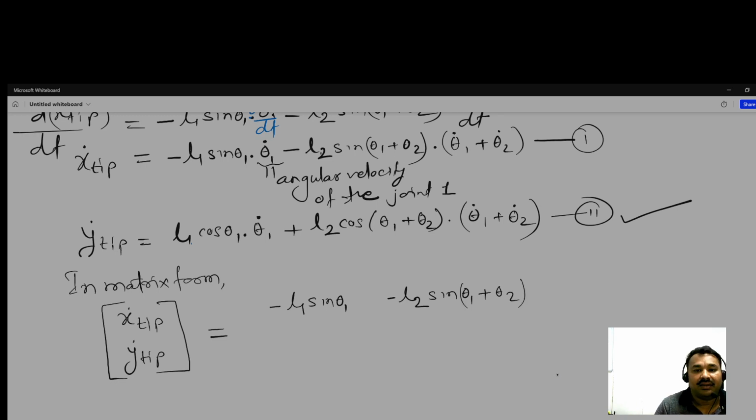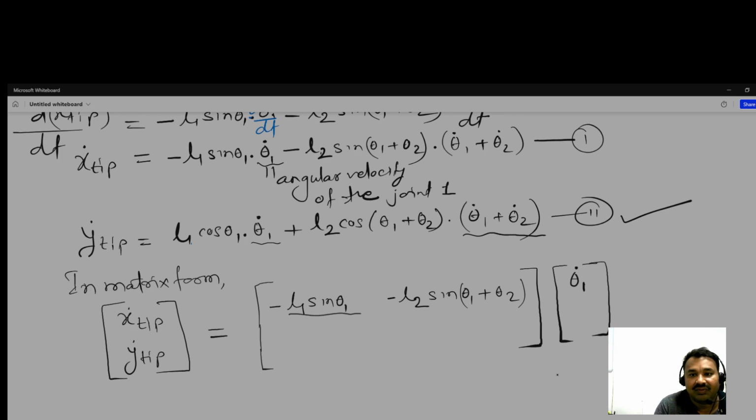Okay, and so this is the middle matrix, and one more matrix we have to take here, because this is multiplied by theta 1 dot. So here theta 1 dot, and this is multiplied for equation 1. So equation 1, if you see, what we are having, this one should be multiplied.